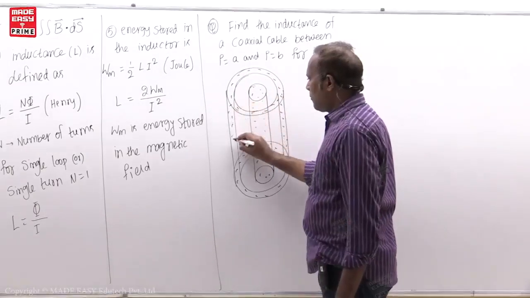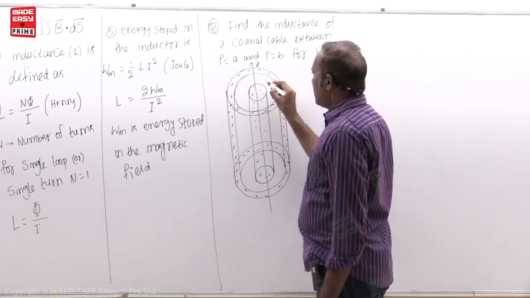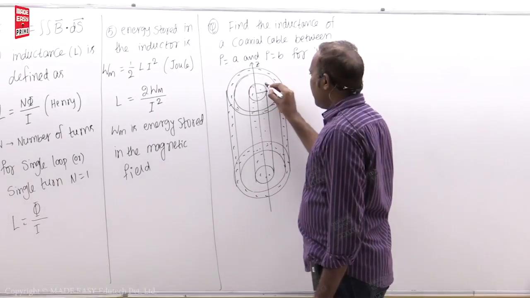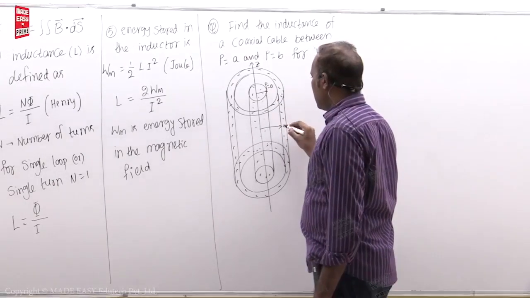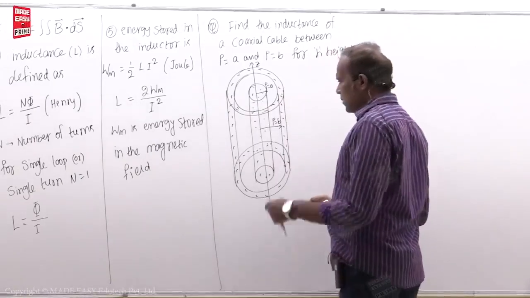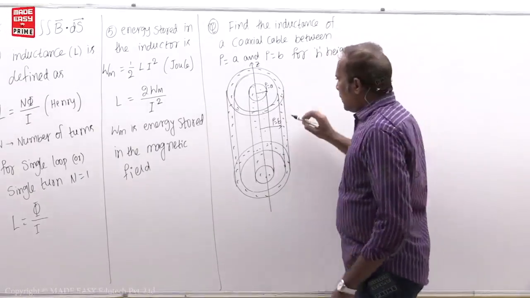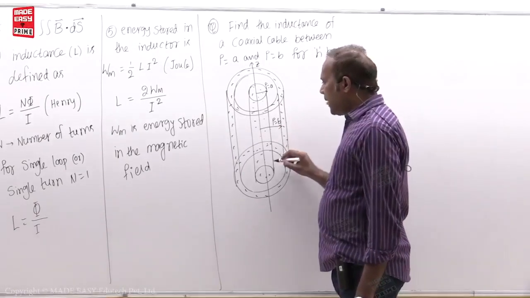Okay, and this one is the z axis, this is radius A, and this one is radius B, rho is equal to B, and of course this one is rho is equal to C. Between the A radius and B radius, there is a medium.